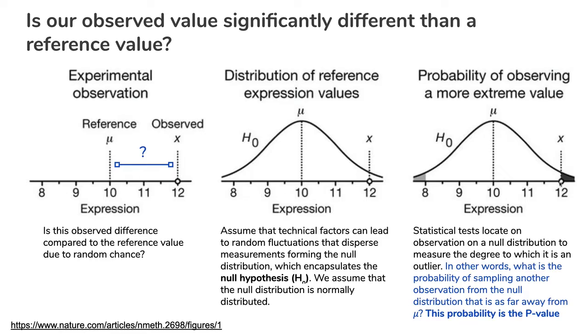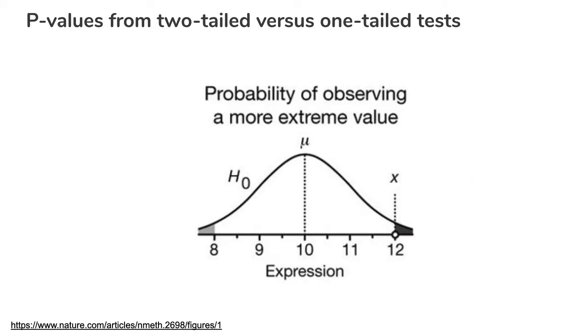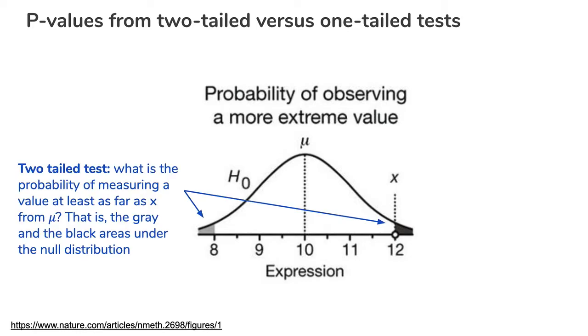Okay, so it could be greater than x, and so we'd compute this part of that tail, or way less than, that far away to the lower end. That sets up another nuance about t-tests and a lot of different statistical tests, whether they're a one-tailed or a two-tailed test. You've probably heard about that before.